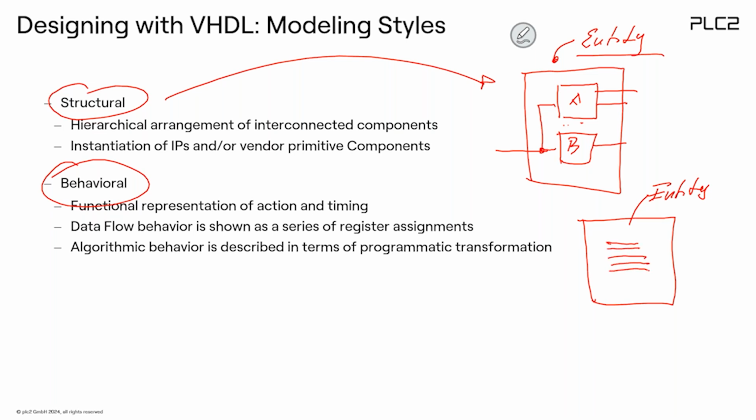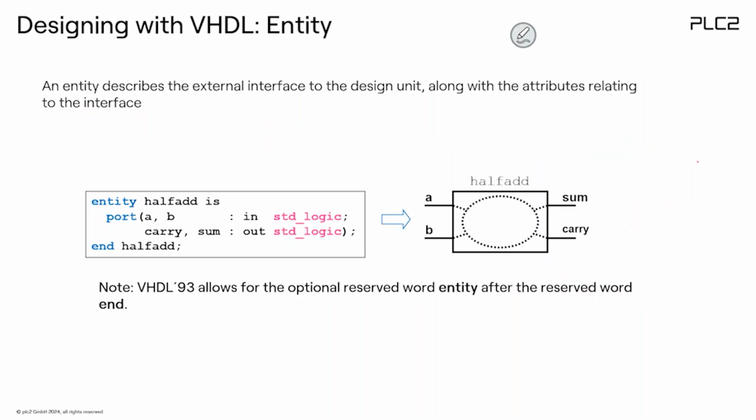This is called the behavior. So we always have a mix. An entity could have inside a structural description, which would be a new hierarchy, but at the end of the day, the very last component must of course have a behavior description. These are just the terms because you will see this in the documentation.